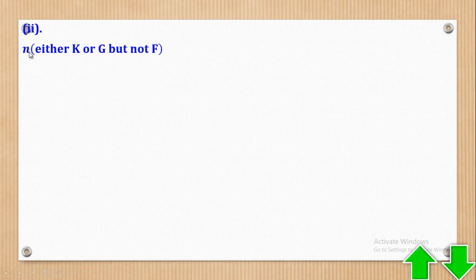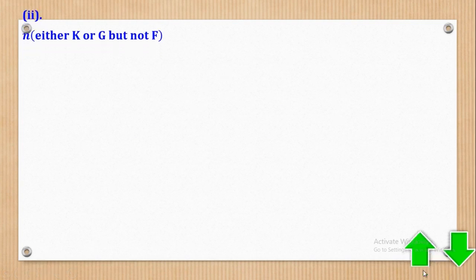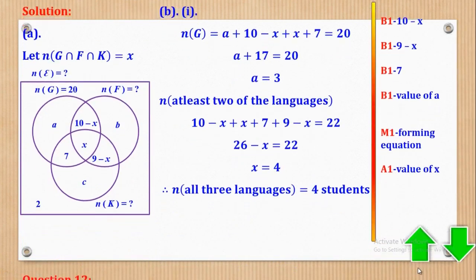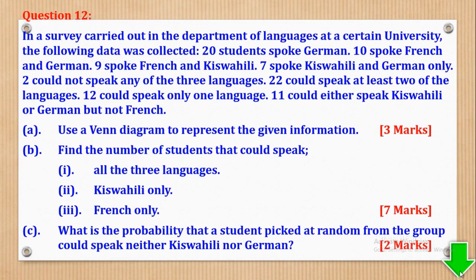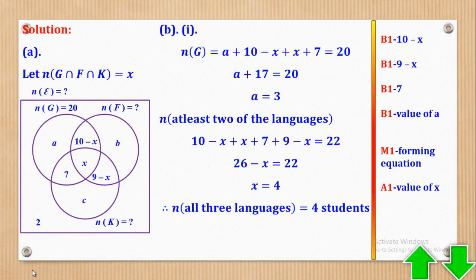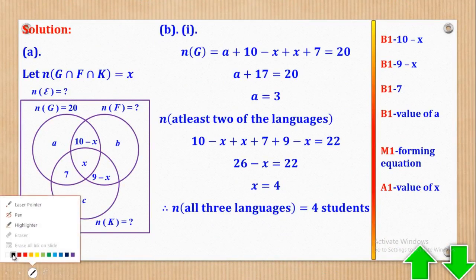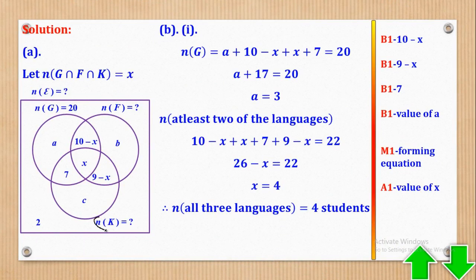So those who speak either Kiswahili or Germany but not French, we are told something about that information. If we go back to the question, they told us that 11 could either speak Kiswahili or Germany but not French. So where is that in our Venn diagram? Kiswahili or Germany but not French means that we're going to add this to this to this.